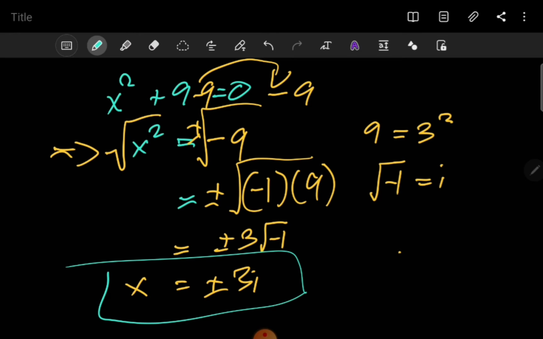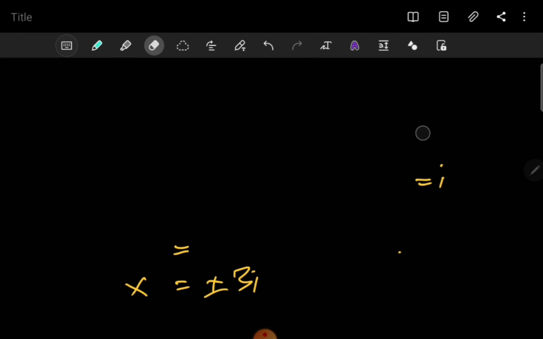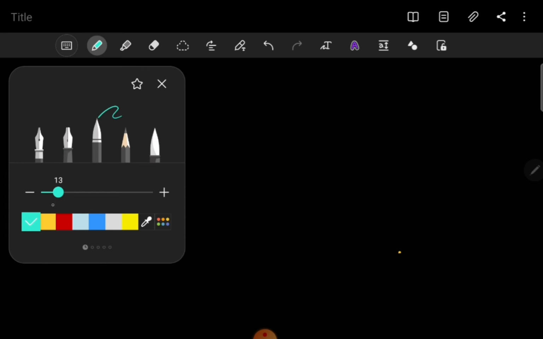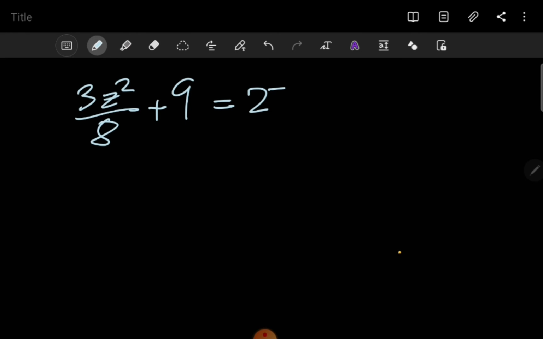Next, let us have a second example. We're going to involve some rational expressions here. Let's say 3z squared over 8 plus 9 equals 25.